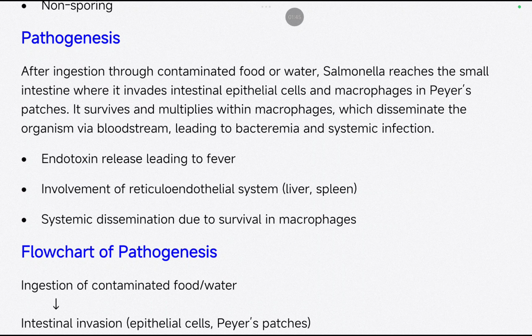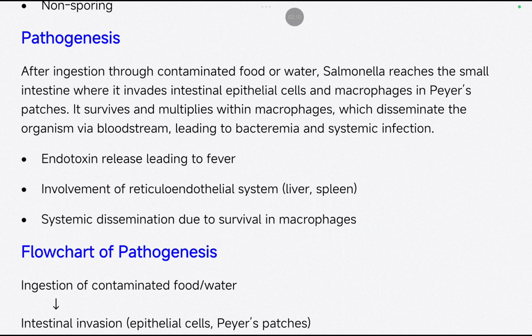So what happens is that it survives and multiplies within the macrophages. Generally, whenever a bacteria or any microorganism enters the system, macrophages go and try to eat and destroy it. But here, it survives the attack of macrophages. It goes inside the macrophages and multiplies inside them.